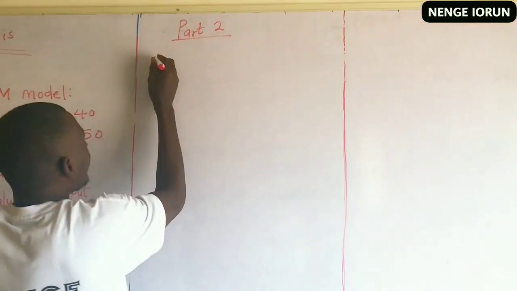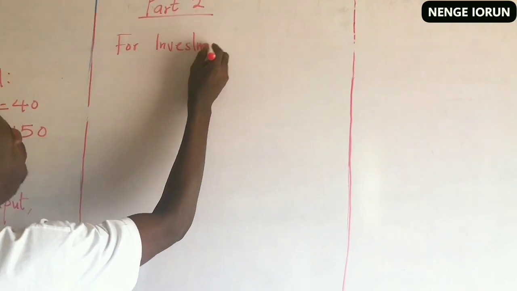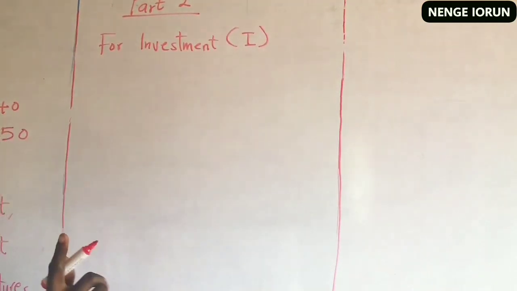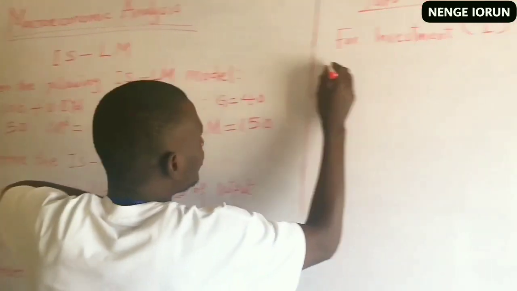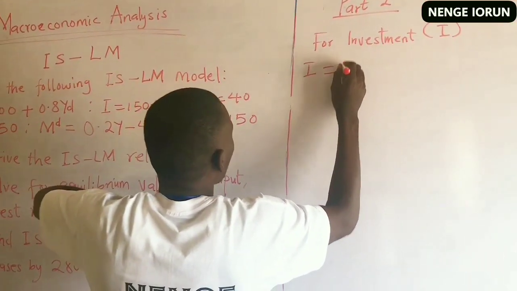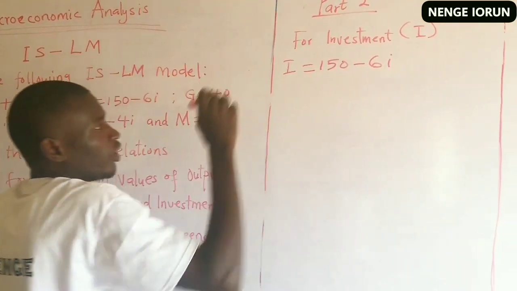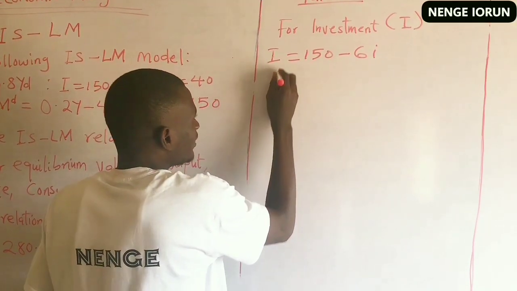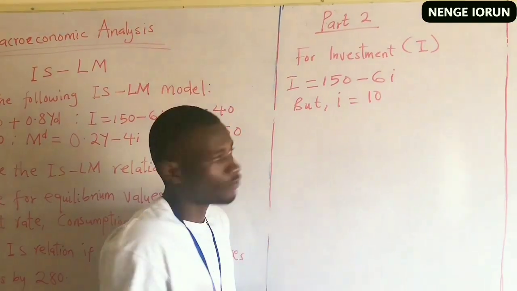Now for investment. Investment is capital letter I, while interest rate is small letter i. For investment, you have I is equal to 150 minus 6i. Recall, we have succeeded in getting a value for small letter i, the interest rate, which is 10. It has been solved.